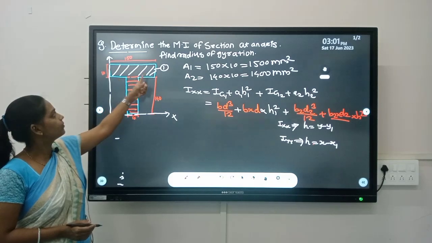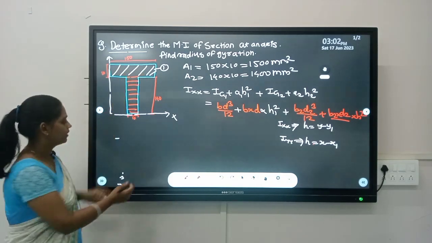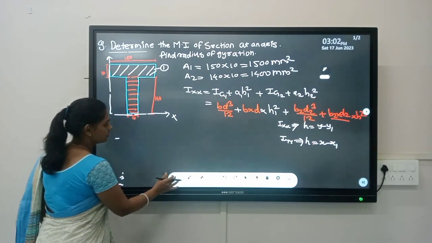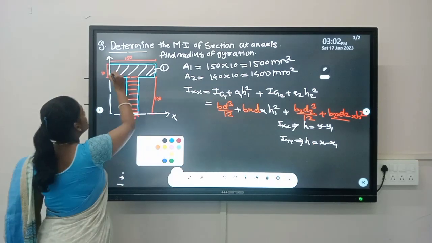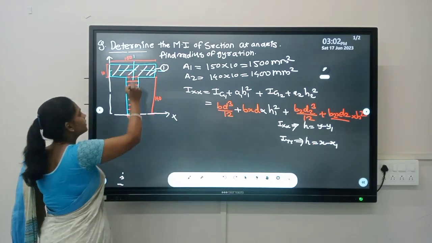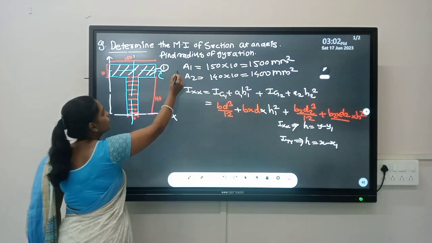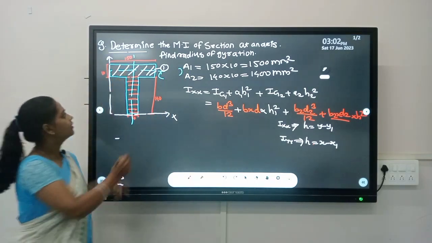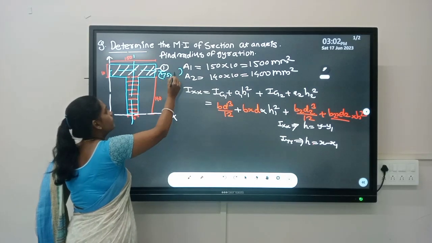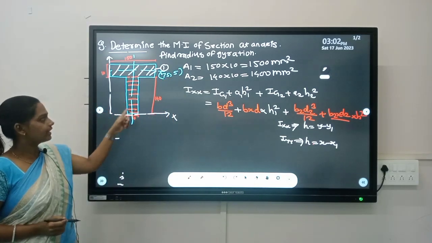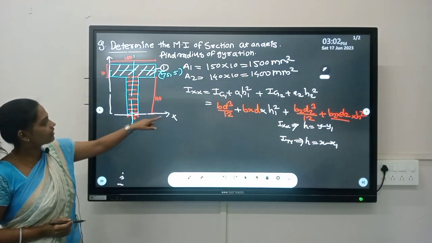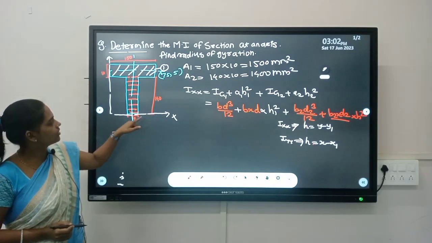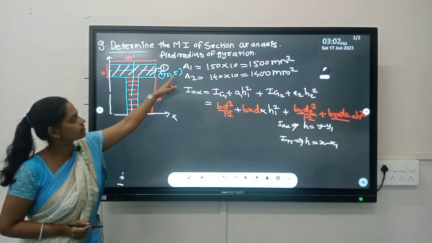So what is the CG of first rectangle? 150 by 10. So is it not the center? So what are its coordinates? It is 75 and 5 for this rectangle, but with reference to x-axis we want. That's why this distance becomes 140 plus 5.